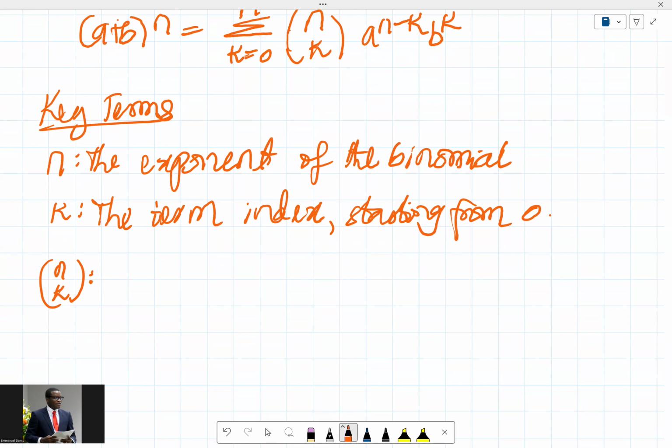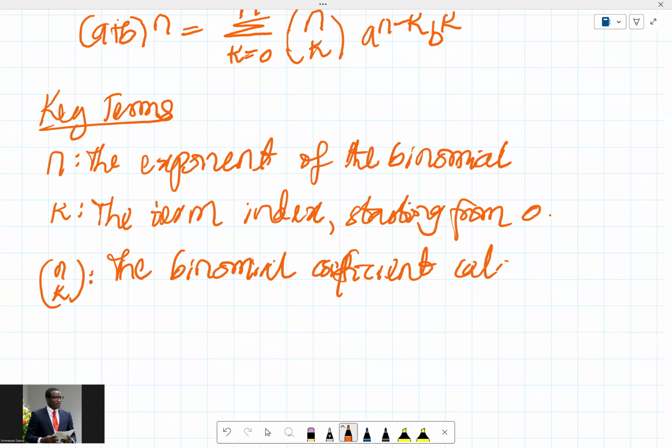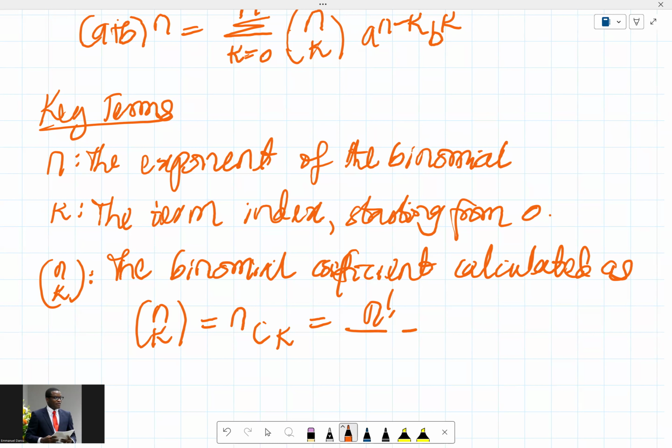So this is the binomial coefficient, calculated as n combination k, which is equal to n factorial divided by k factorial times n minus k factorial. This is really useful here. It's something very important from combinatorics.